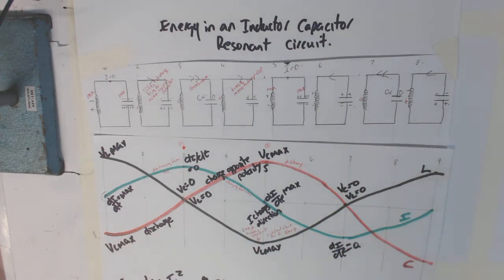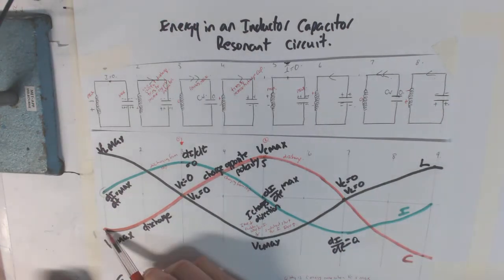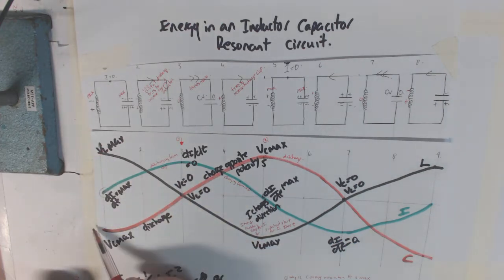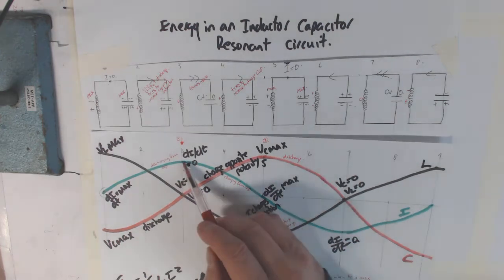So this is why I say that this circuit is a little bit like a mass bouncing on a spring. You've got all the energy in the capacitor at this stage, and none in the inductor. As the whole thing bounces down to here, we've got 0 voltage on the capacitor, 0 energy. We've got 0 voltage on the inductor, but at this stage our current is maximum.